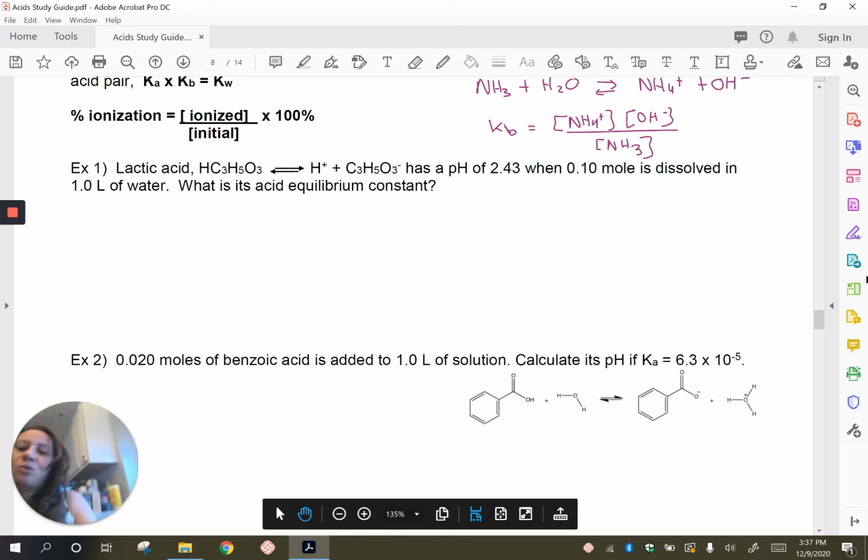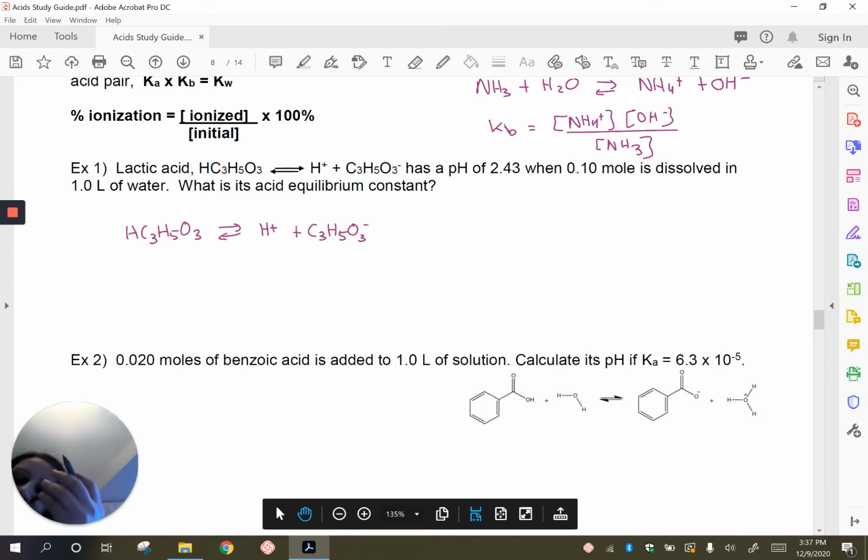So the first thing you want to do is write out your equation. So I'm just going to rewrite the equation they gave me here. So lactic acid dissociates partially to give H pluses and lactate ion. Now, if you are finding Ka, and it doesn't really matter which acid it is, instead of writing the formulas, you can write the generic formula, which is HA dissociating to H plus and A minus.